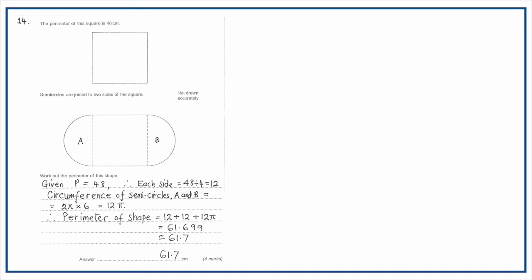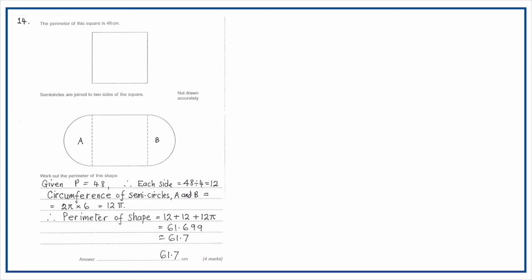The circumference of the semicircles A and B join to make a whole circle. So we can write that the circumference of the semicircles together would equal 2 pi times 6, which equals 12 pi.